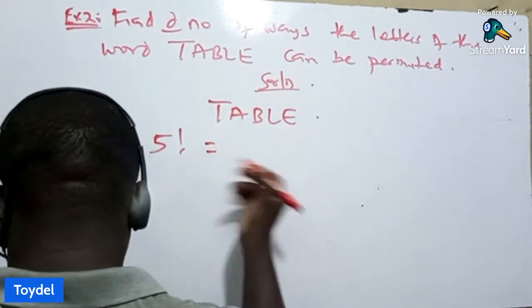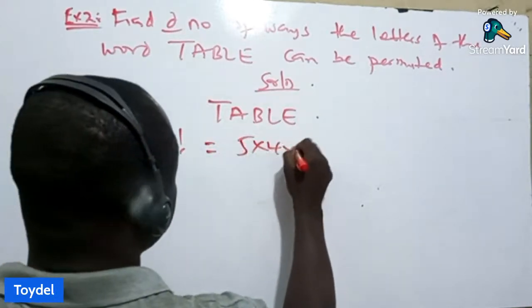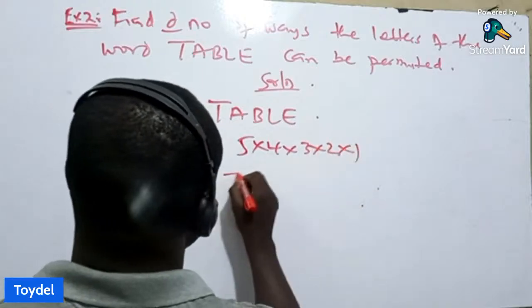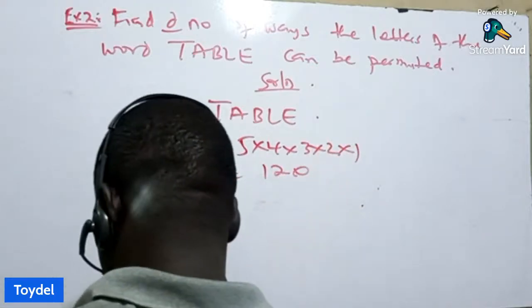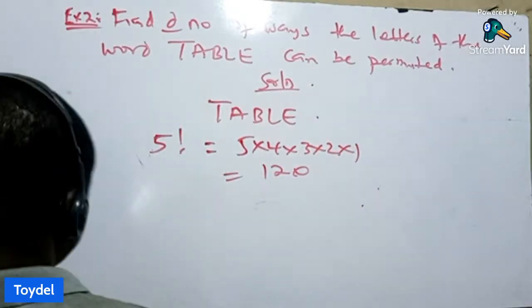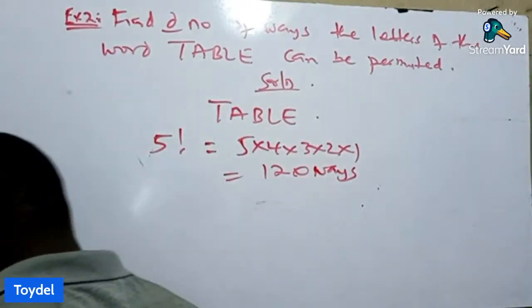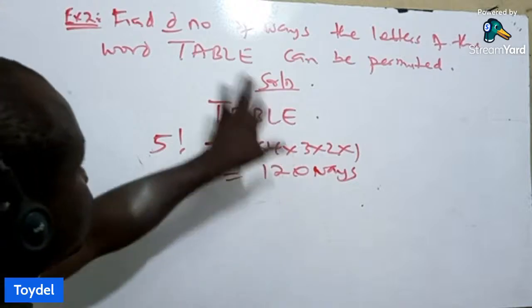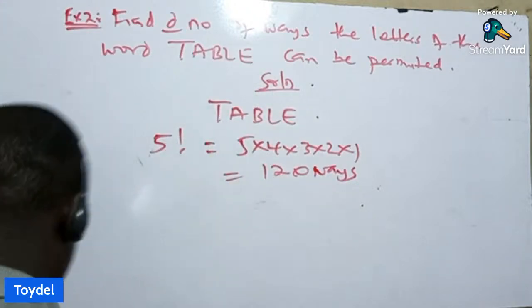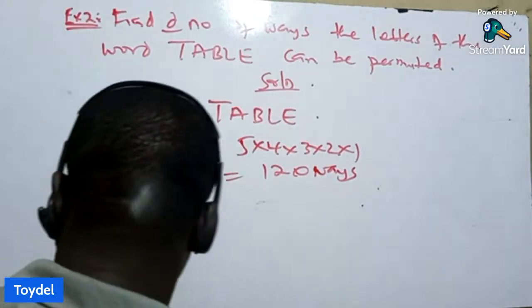Then 5 factorial will be 5 times 4 times 3 times 2 times 1, and that gives 120. So the number of arrangements of the letters of the word table, we can do in 120 ways. So that is what we are asked to do.